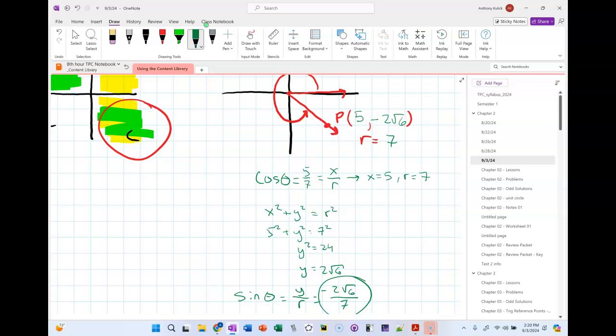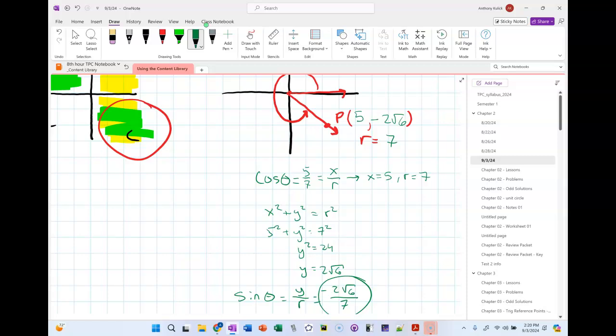You're not eligible to use the half sheet on a makeup, but if you're here on the test day, I will hand it back to you. You can put whatever you want on your half sheet of notes. Can be formulas, can be example problems, can be things for you to remember, can be definitions, whatever you want. Everybody's cool? So we'll have the review day and the test next week.